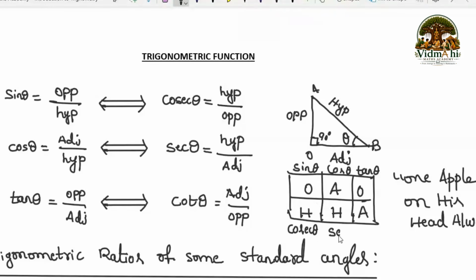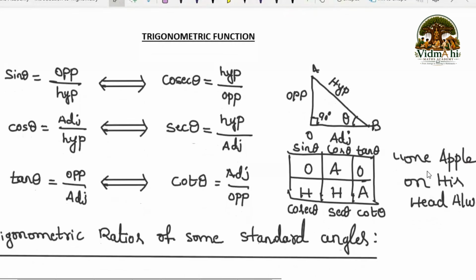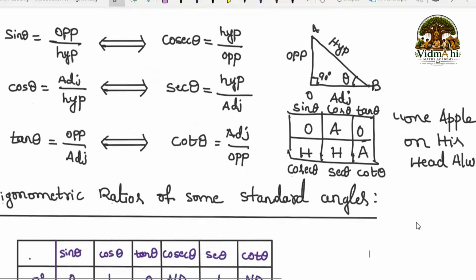Sec is the reciprocal of cos, so sec theta is hypotenuse by adjacent. Cot is the reciprocal of tan, so cot theta is adjacent by opposite. So remember this short trick, one apple on his head, always.